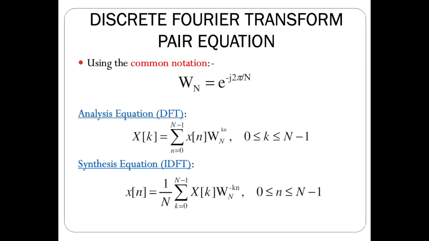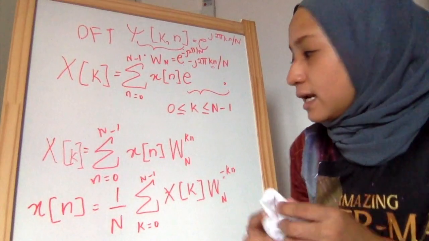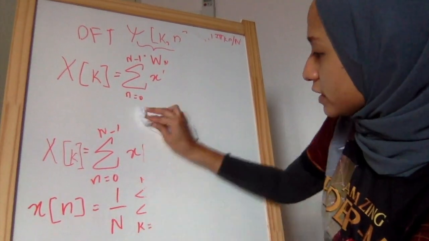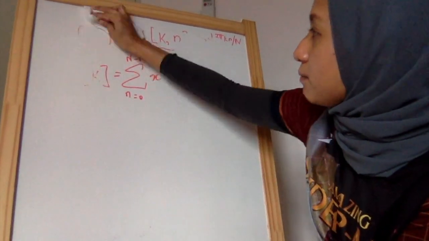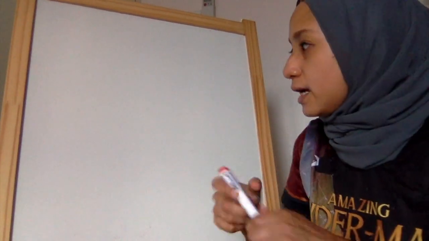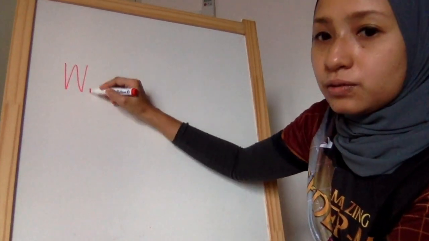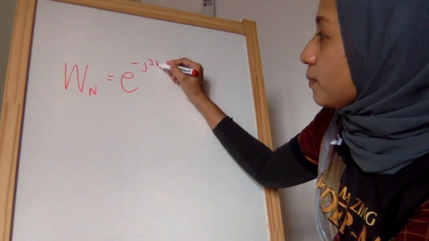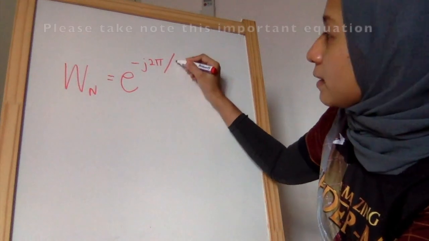By using the common notation, we have Wn equal to exponent minus j2 pi over N. So class, make sure for chapter 5, this is an important equation you have to remember: Wn equal to exponent minus j2 pi over capital N.